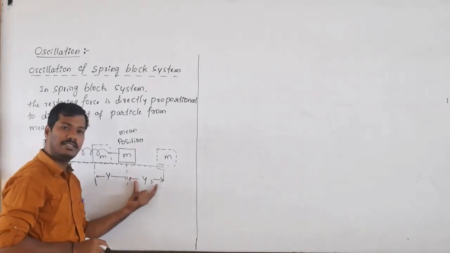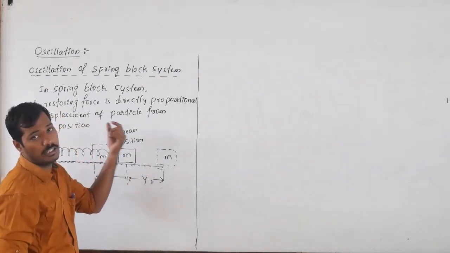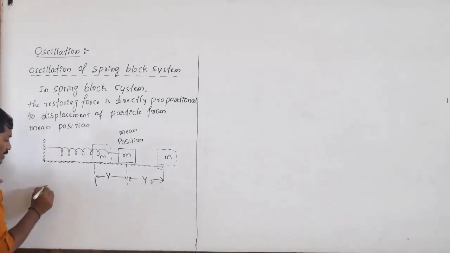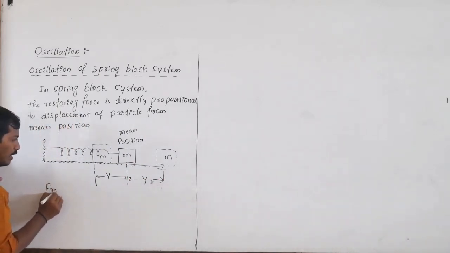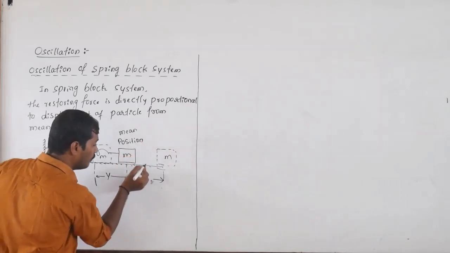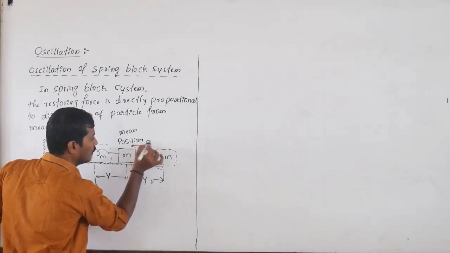This displacement is directly proportional to the restoring force, or the restoring force is directly proportional to the displacement of the particle. It means just F restoring is there. When the external force is removed, the restoring force is always towards the mean position, like this.